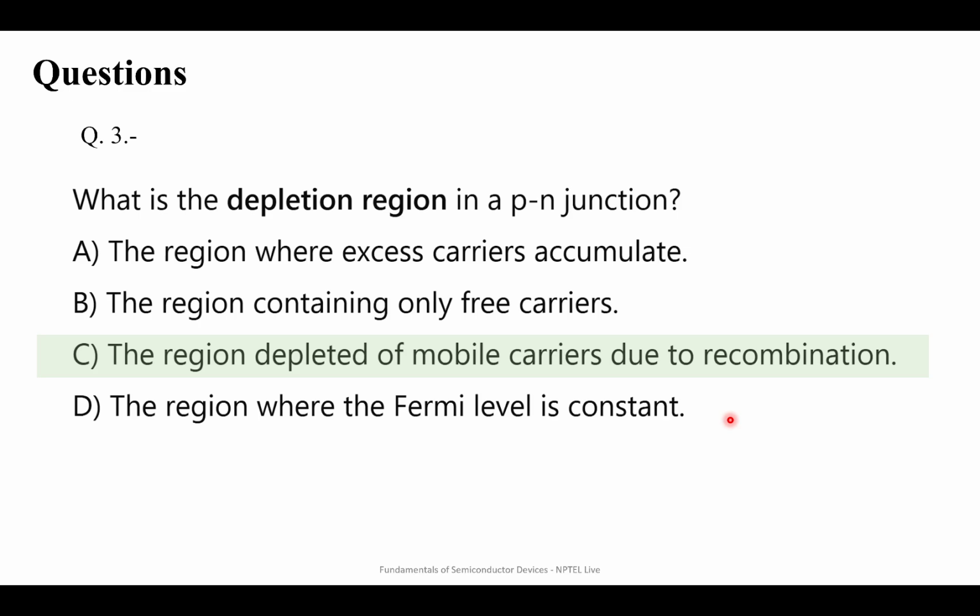As soon as they are crossing the junction, they are getting removed due to recombination, and when the electric field is formed, no further diffusion happens. So in that region, you will find that there are no free mobile carriers, and that is why it's called the depletion region.